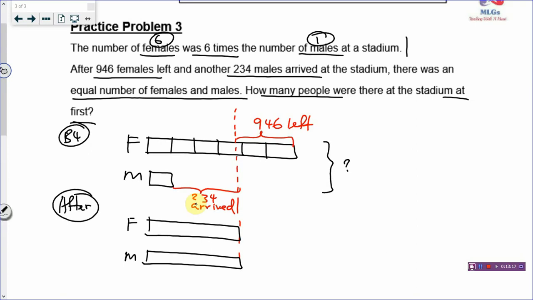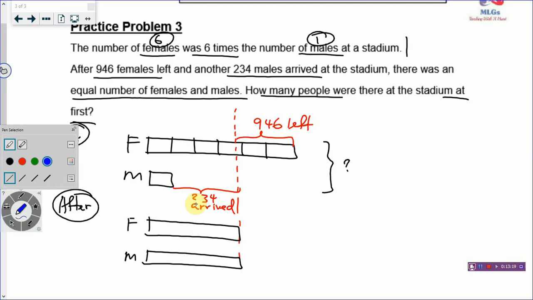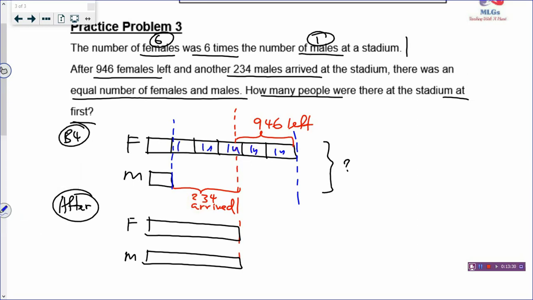So how do we solve? You look at the model, and can you see how many units is this? That will be 1 unit, 2 units, 3 units, 4 units, and 5 units. So you have 5 units, and that is equal to how many? That is equal to 234 plus 946.